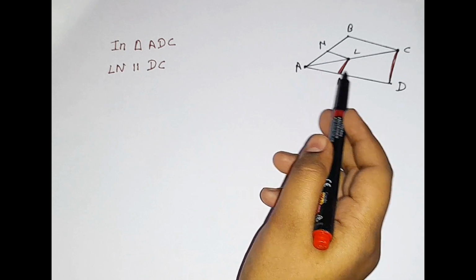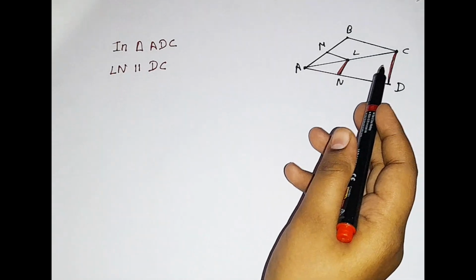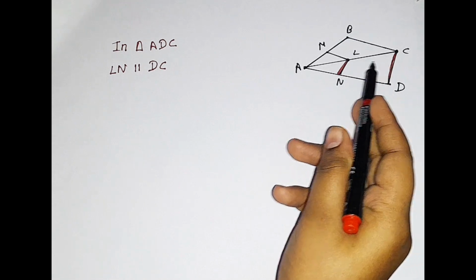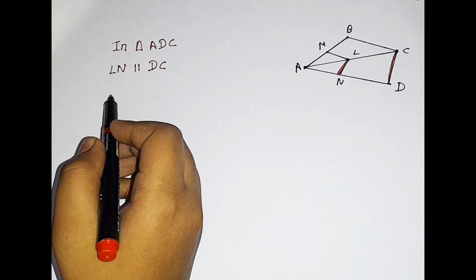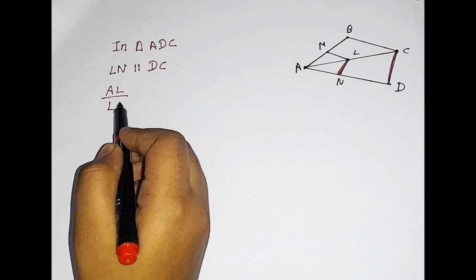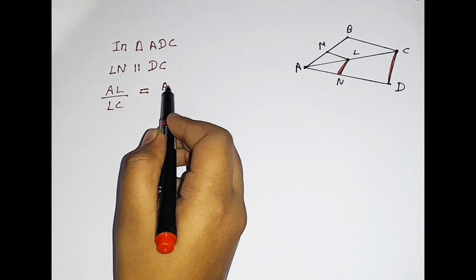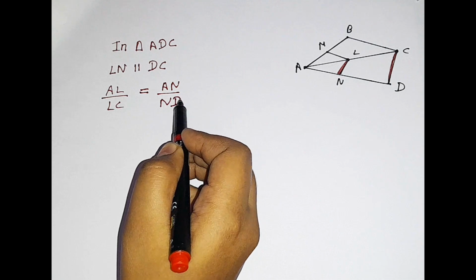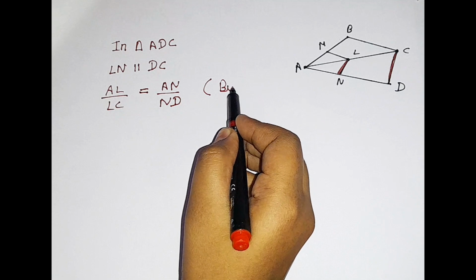Likewise, in this triangle ADC, we write AL by LC is equal to AN by ND. This is the basic proportionality theorem, that is BPT.